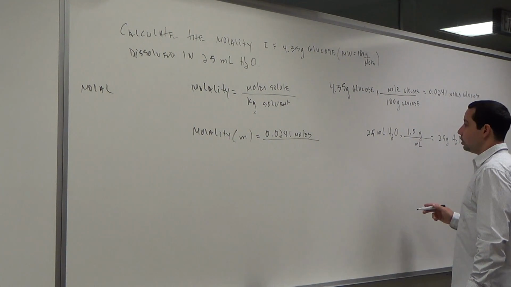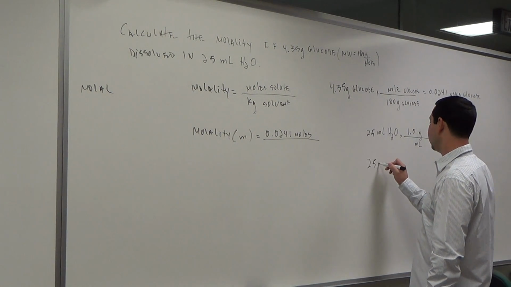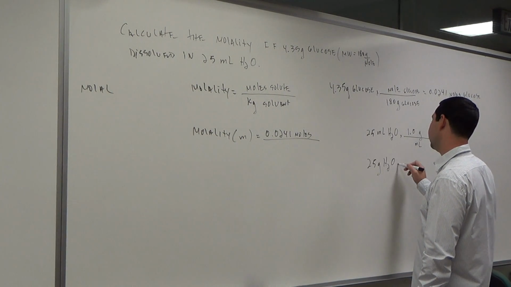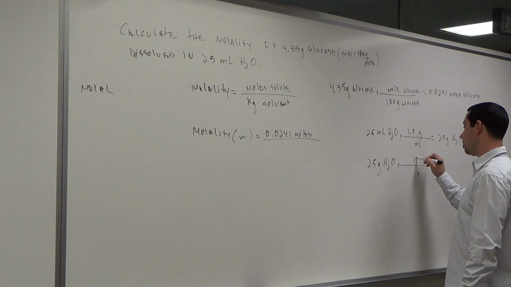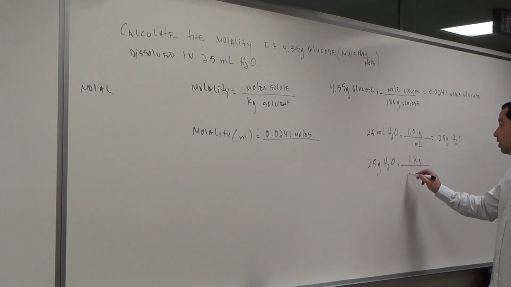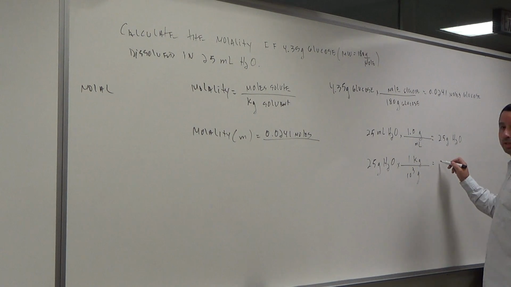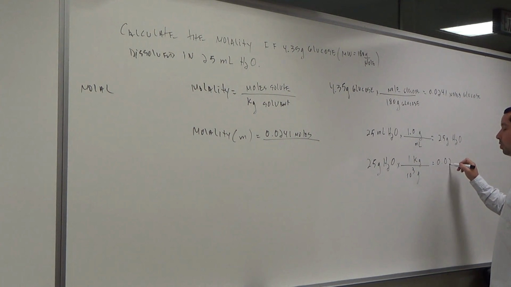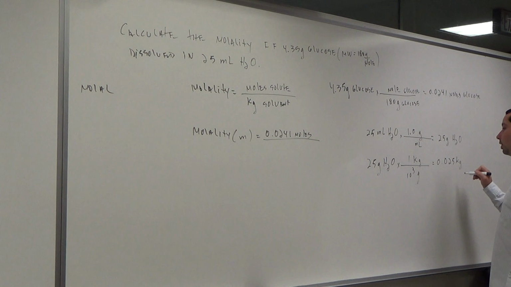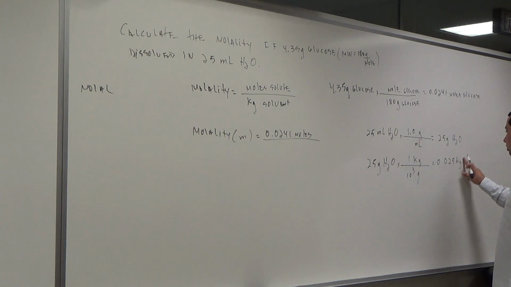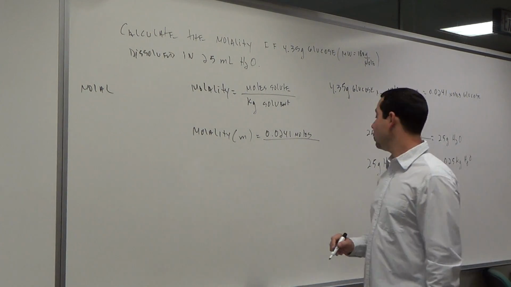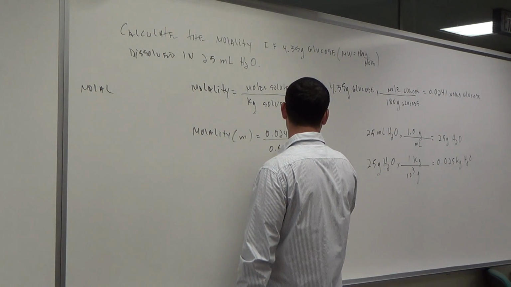Now I need to convert this to kilograms, yes? Grams goes on the bottom, kilograms goes on the top. 1 kilogram is 10 to the third grams. So this is 0.025. Is this okay? Yep. So here we go. We write this number here.